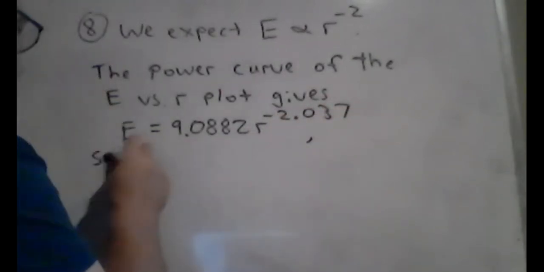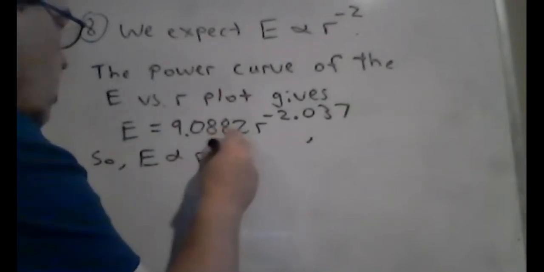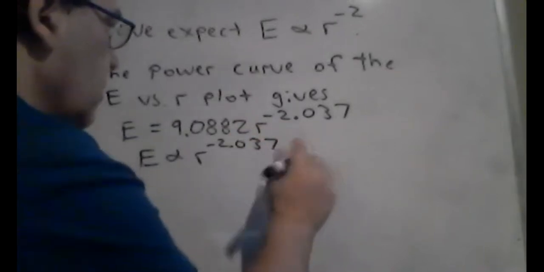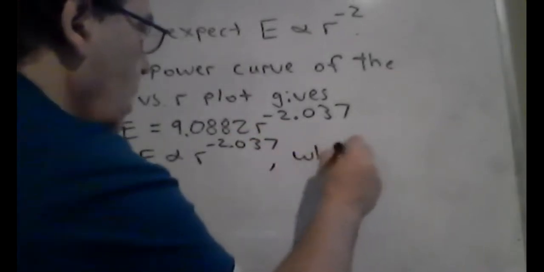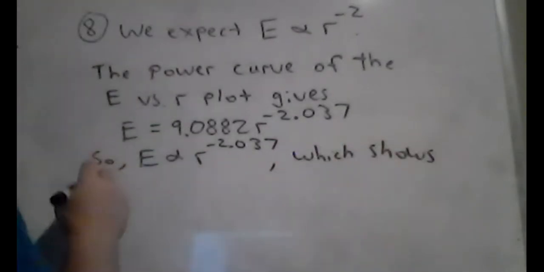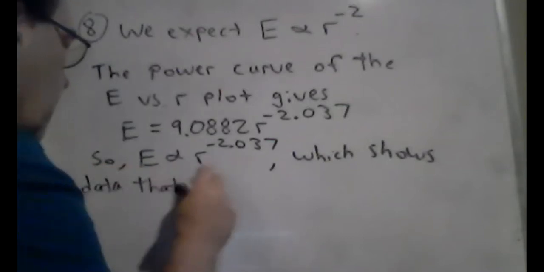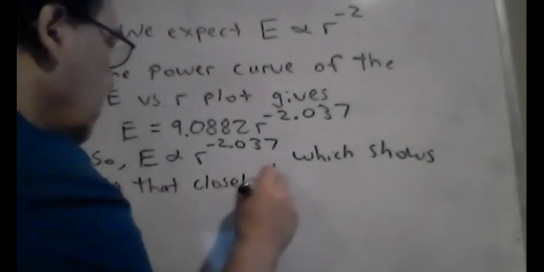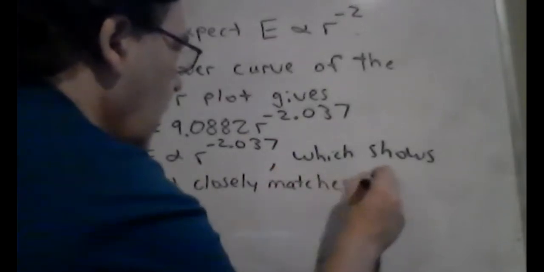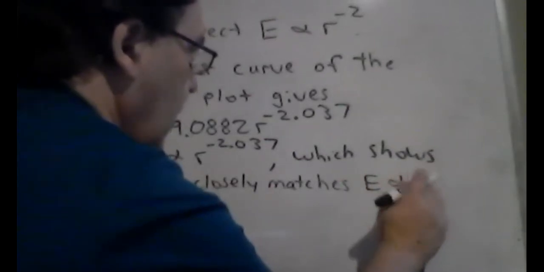So E is proportional to R to the -2.037, which shows data that closely matches E proportional to R to the -2 behavior as predicted.